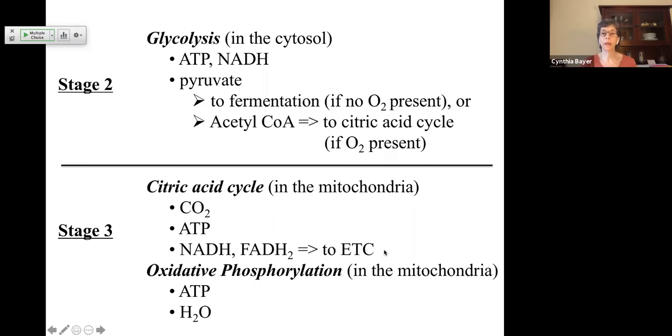Again, in the mitochondria, where oxidative phosphorylation occurs, generating a huge amount of ATP, it requires oxygen, which will be reduced to water. So we will be covering all of these stages of cell respiration, glycolysis, citric acid cycle, oxidative phosphorylation, next week.